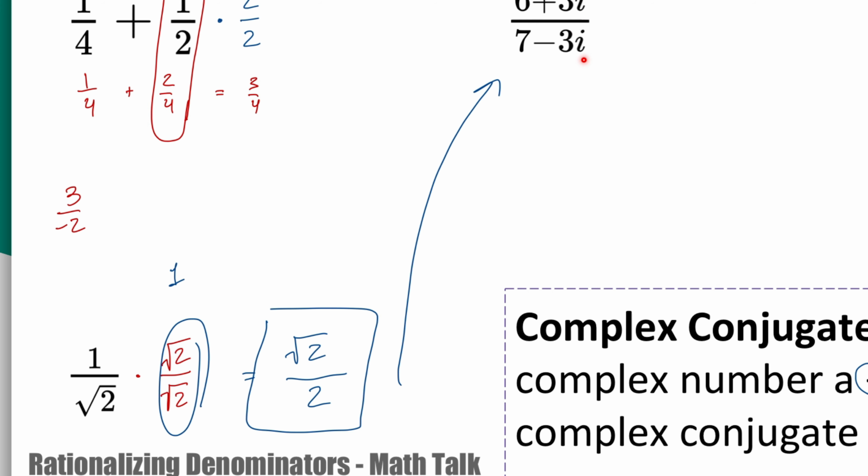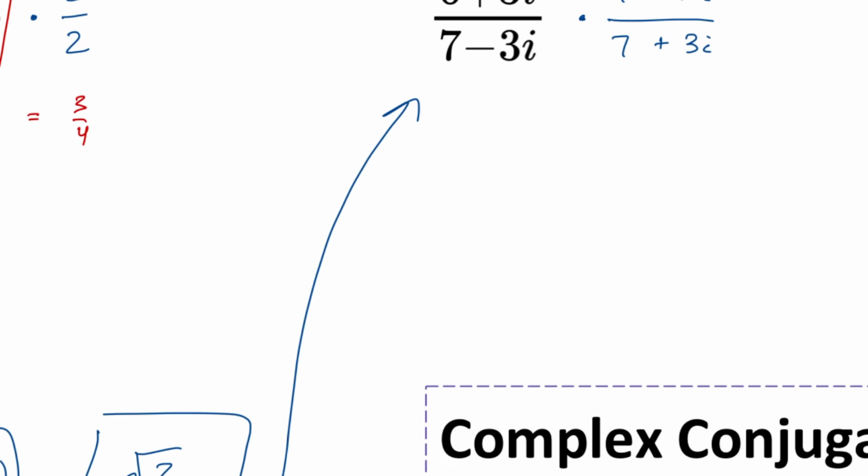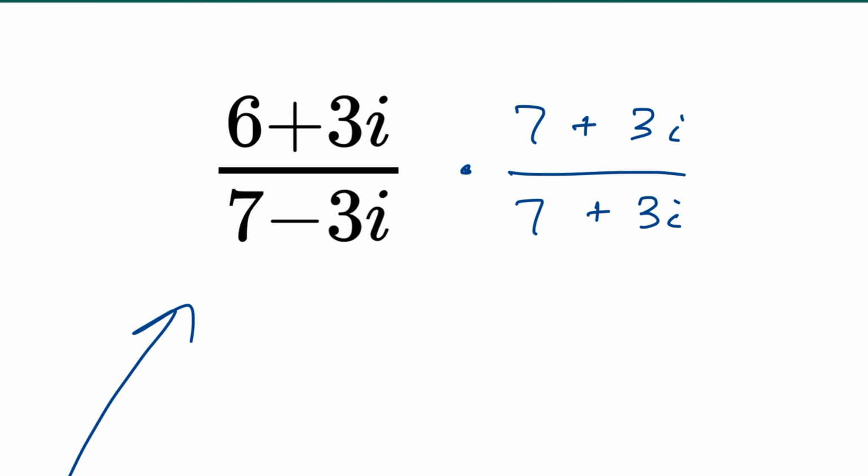I have this thing that's not real in my total, and I need to get rid of it. How do I get rid of it? The complex conjugate. You need to multiply by 1, but really you need to multiply by the opposite version, like this. You need to multiply by the complex conjugate in order to get rid of i.